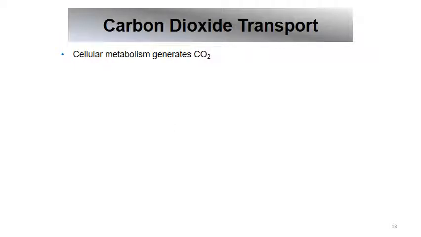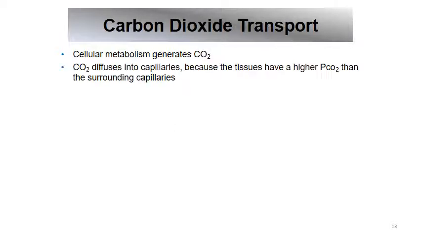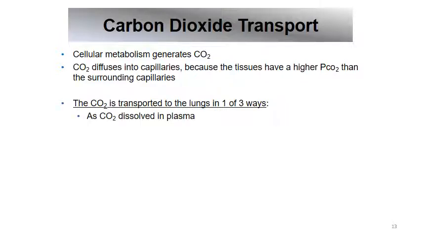Next, CO2. Well, how does CO2 get transported? CO2 also diffuses into the capillaries, and this is also going high to low. Here we have 3 ways that CO2 can be transported. Either the CO2 gets transported in the plasma, similar to oxygen. Some of the CO2 gets bound to hemoglobin, and that's how it travels.